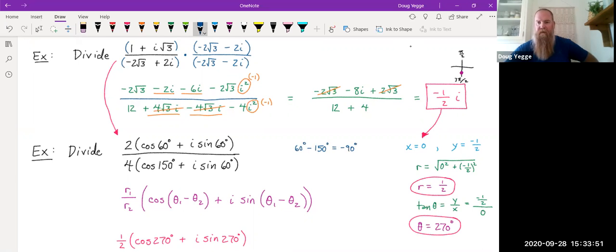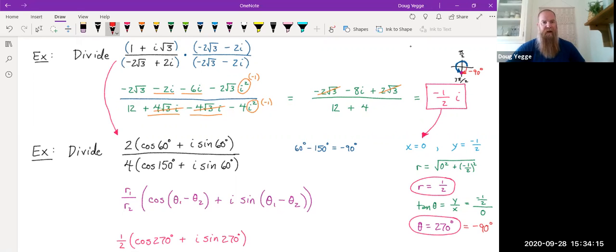We expected up at this corner up here to be positive 3 pi over 2, or positive 270 degrees. But we should also realize that we could get to that same angle by going -90 degrees. So -90 degrees is in fact the same thing as 270 degrees.